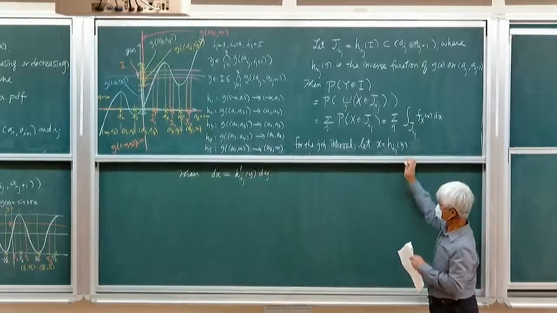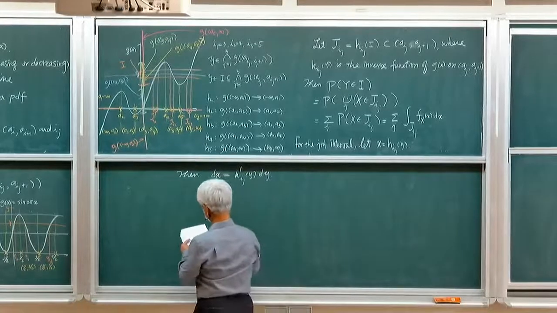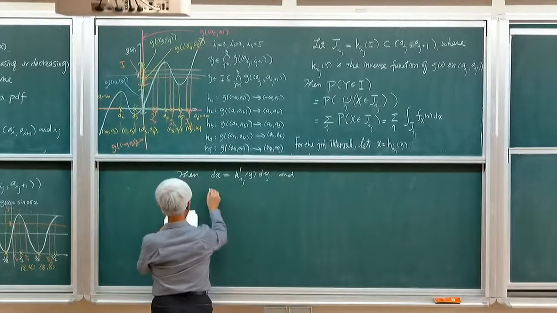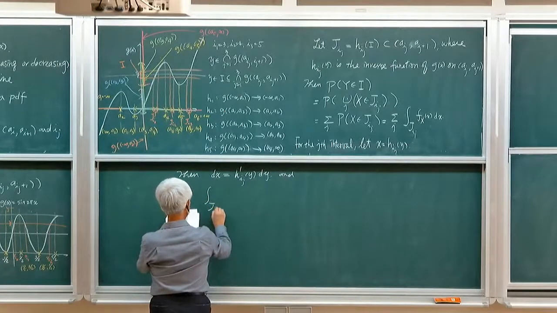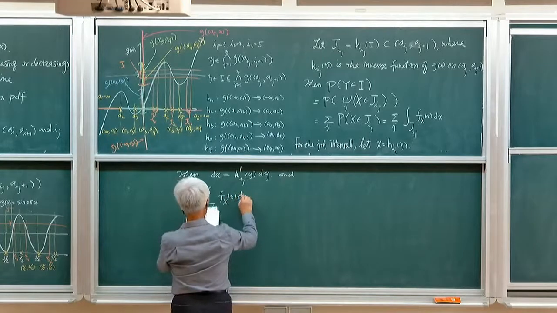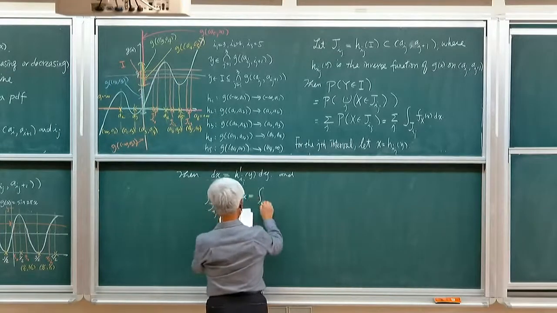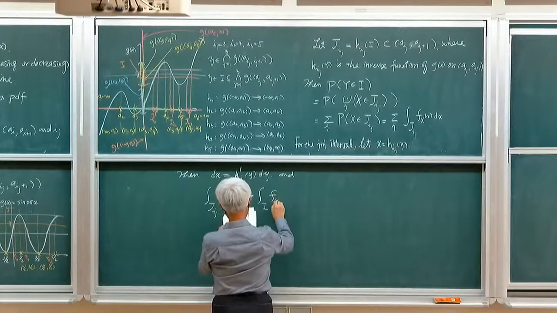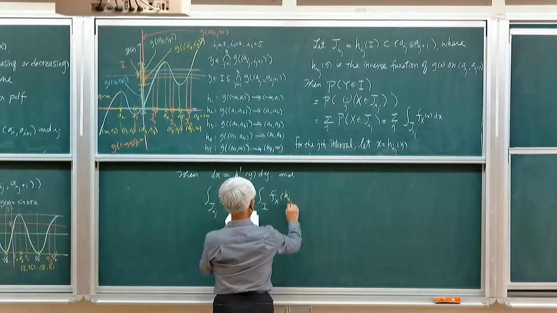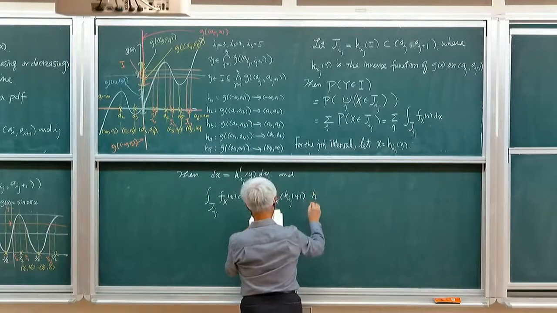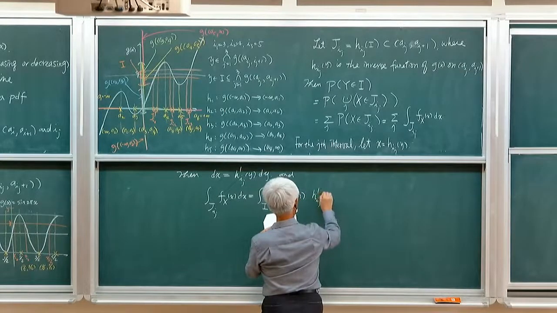So by change of variable, the integral over J_ij of f(x) becomes, going back to I, f of h_ij(y) times the absolute value of h_ij prime(y) dy.